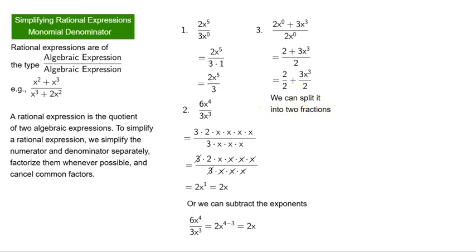So we can split it into two fractions. So 2 and 2 cancel, leaving 1 plus 3x cubed by 2. So this is the simplest form.